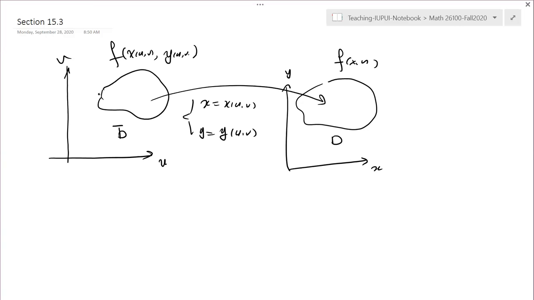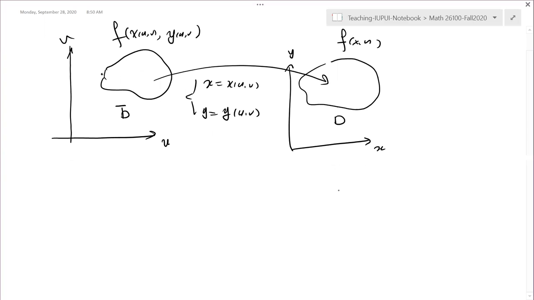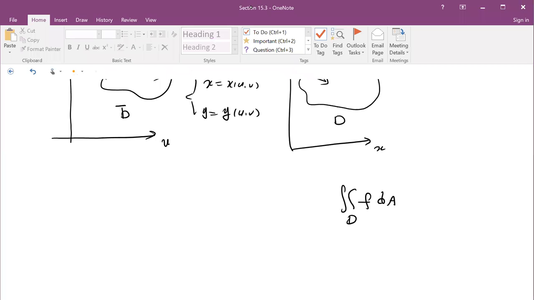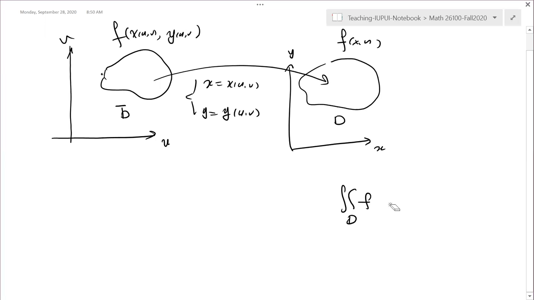So you get a function of U and V. So the double integral here, let's use the XY variables. It's important which variable we're talking about.